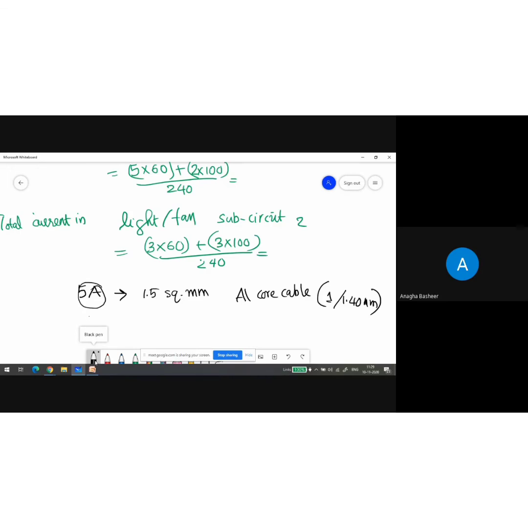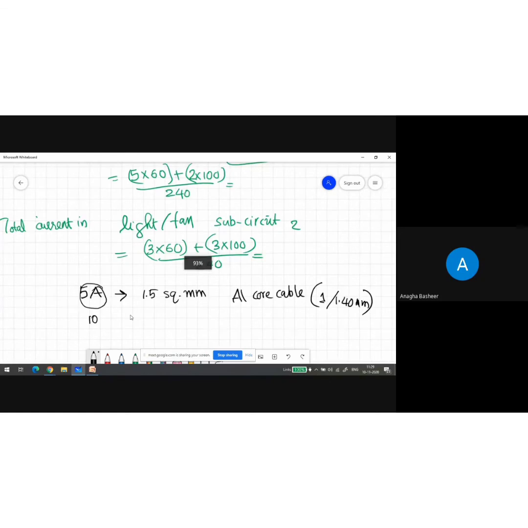Otherwise, if it is within 10 ampere, 2.5 square mm cable can be used. That means 1 by 1.80 mm aluminium core cable.